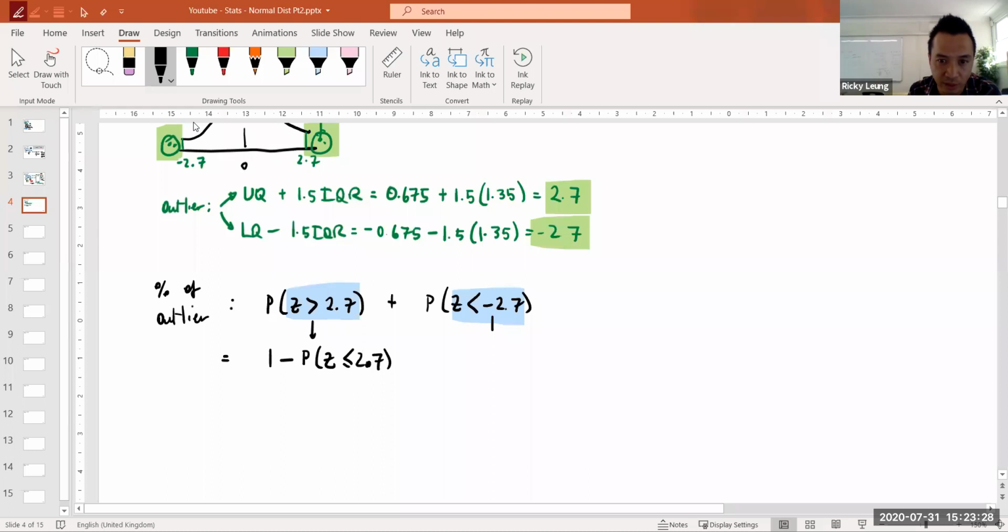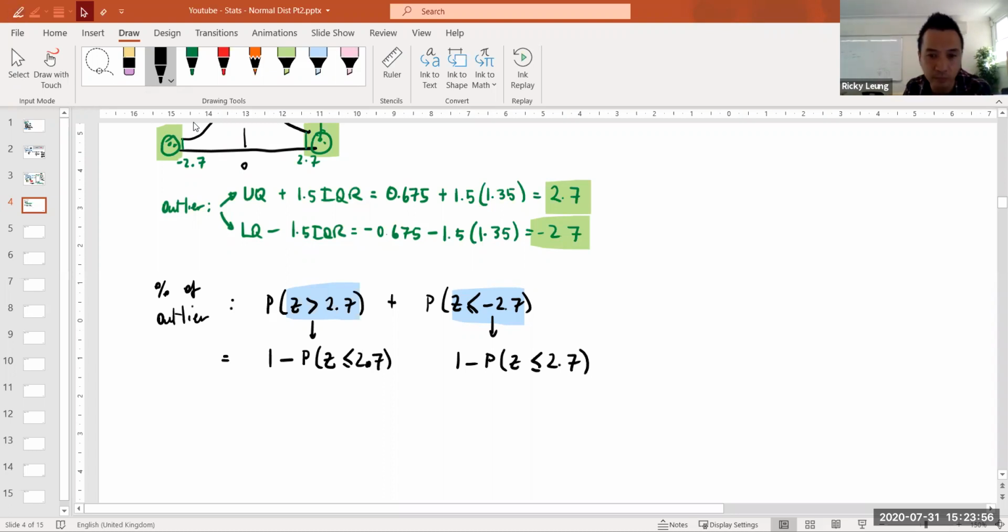While this guy, because it's negative, I can't do negative. That's the same as 1 minus the probability of Z less than positive 2.7.